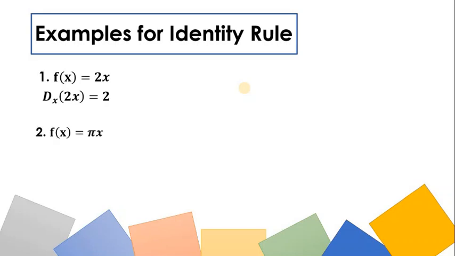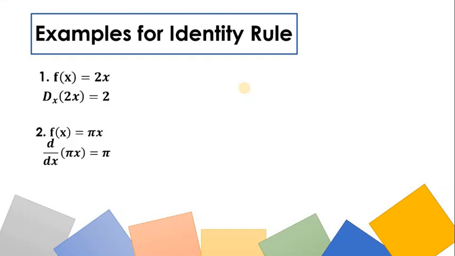Next is f of x is equal to pi x. Single variable x and a constant pi. Same thing with example number 1. The derivative is whatever number is beside a single variable. What is my constant in this form? The constant is pi.